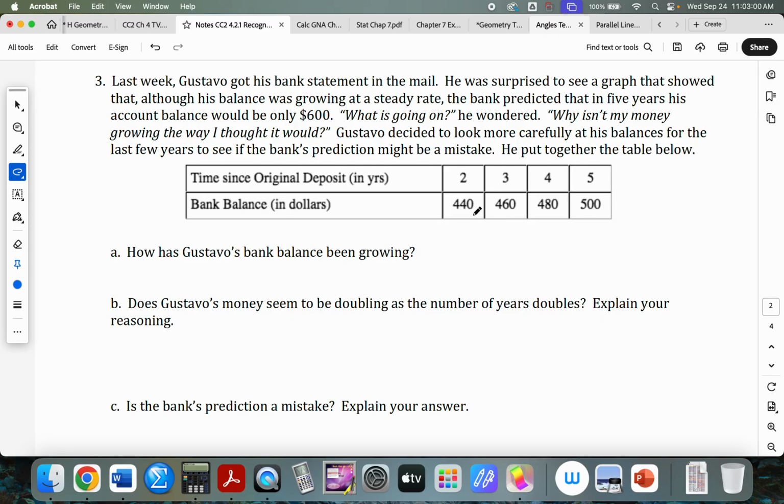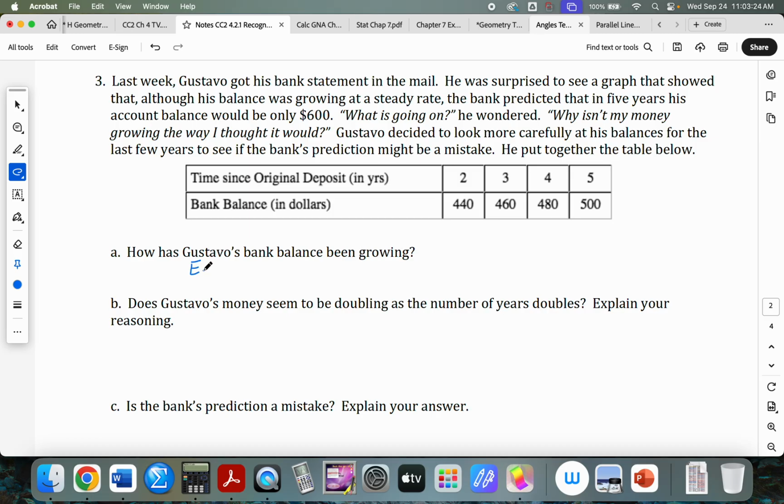After 2 years, he had $440. After 3 years, he had $460. After 4 years, he had $480. After 5 years, he had $500. How has it been growing? Yeah, $20 every year.